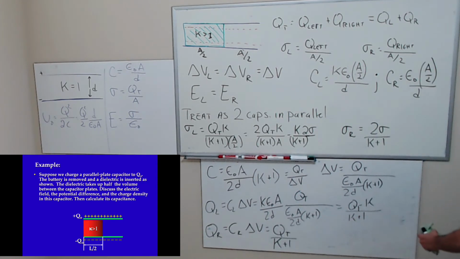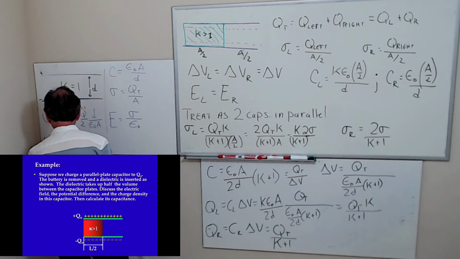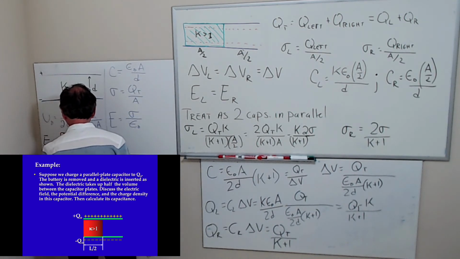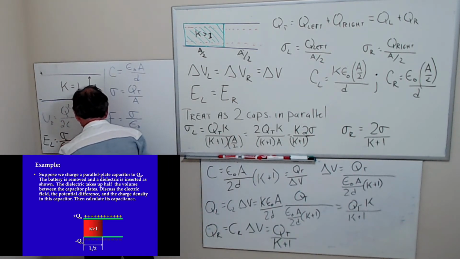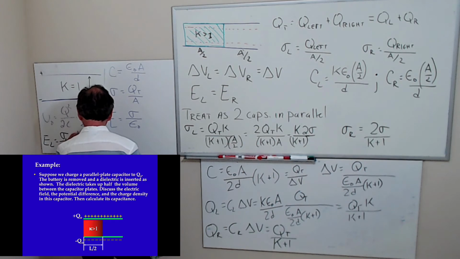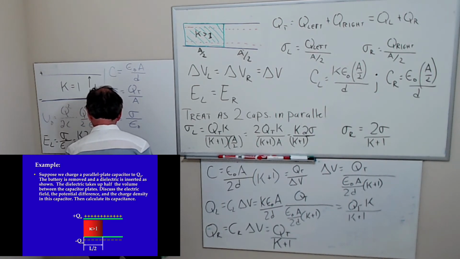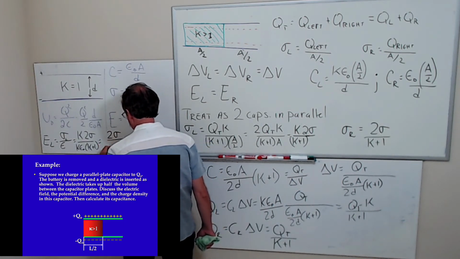Okay, now what about the electric field on the left and the electric field on the right? E left is going to be sigma over epsilon, where this is kappa over epsilon naught. This is sigma left, sorry. So it's going to be this term, and that's going to give me 2 sigma over kappa plus 1.